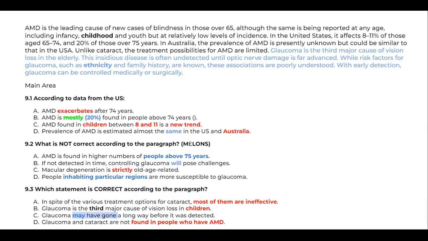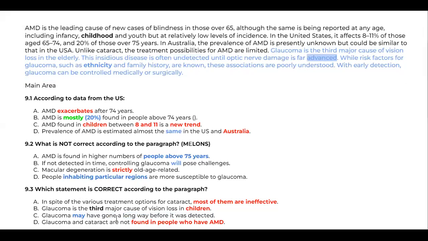Now I have to give you the explanation here. Glaucoma may have gone a long way before it was detected. Where is that here? Can you find out? The glaucoma part is only here, so you don't have to waste your time. This insidious disease is often undetected until optic nerve damage is far advanced. Correct.